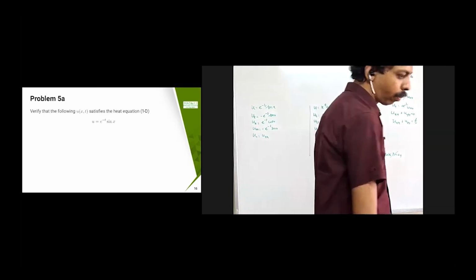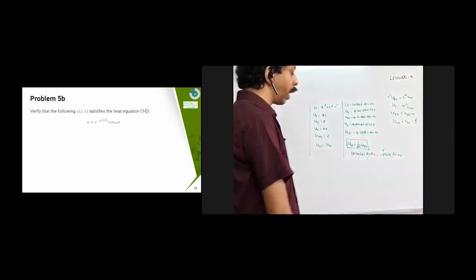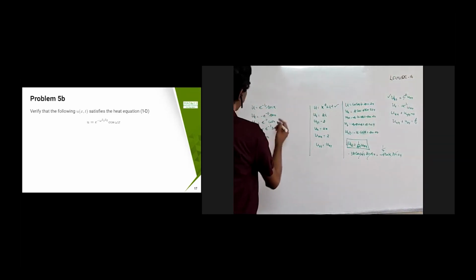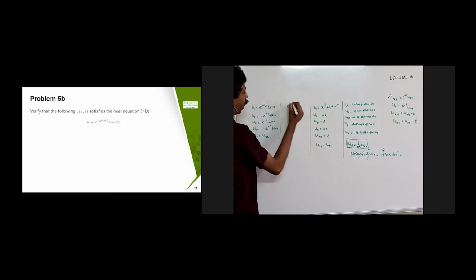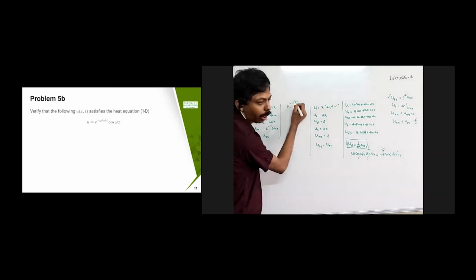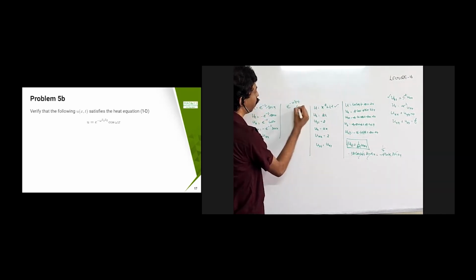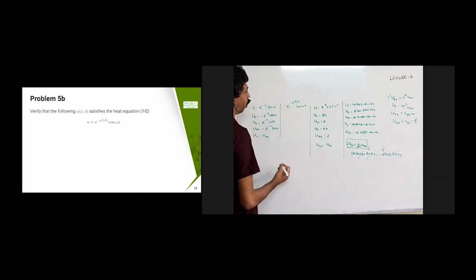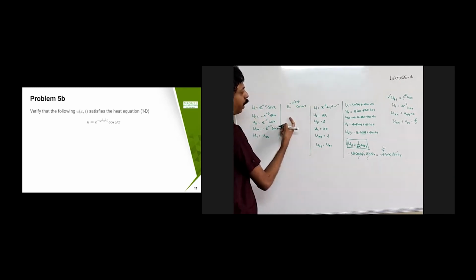Next problem. A similar kind of thing. So instead of this one, I am having e power minus omega square c square t cos omega t. I have to check whether it is going to satisfy c square uxx. Not ut equal to uxx, but c square uxx.